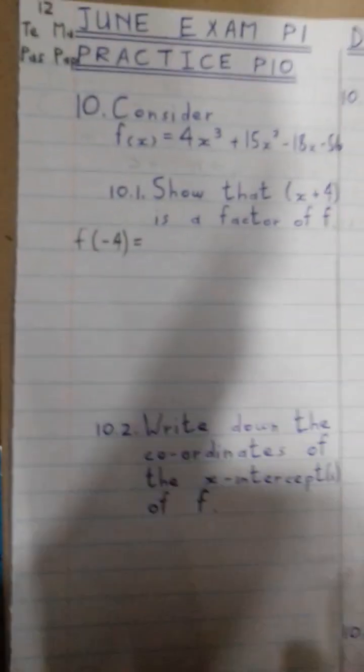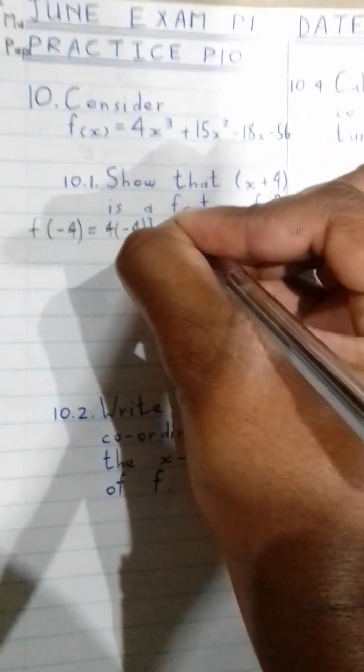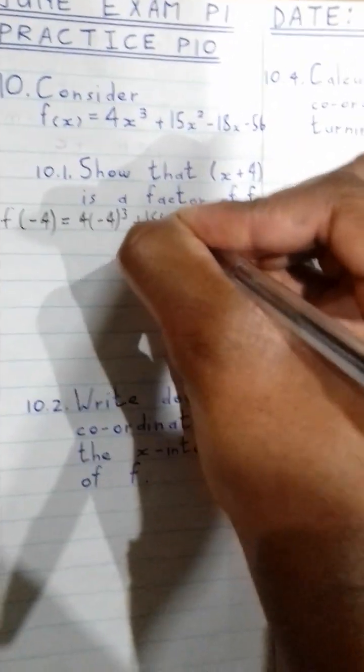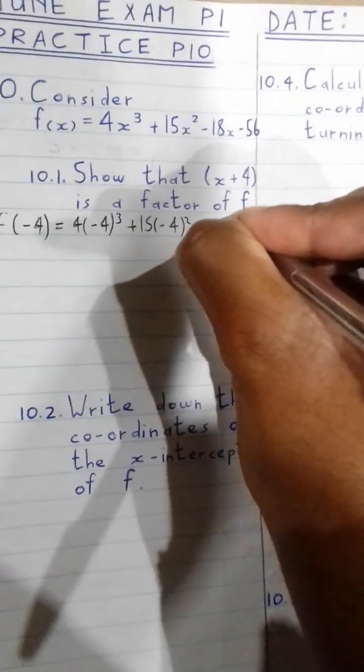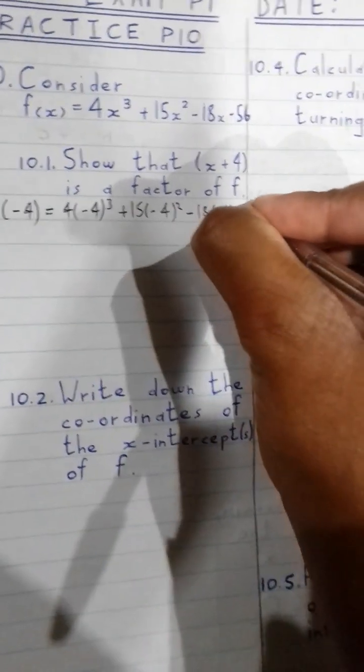F of negative 4 is equal to 4 times negative 4 cubed plus 15 times negative 4 squared minus 18 times negative 4 minus 56.